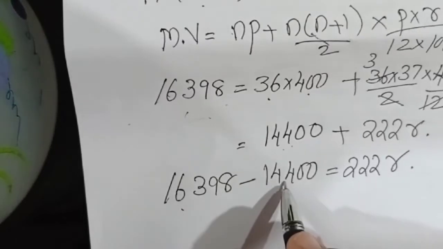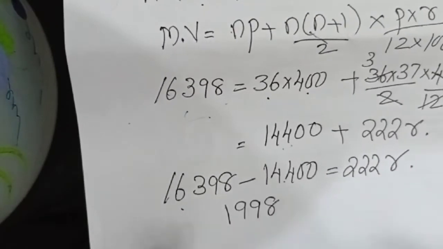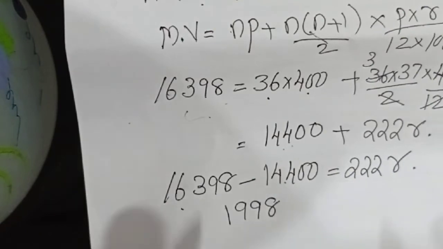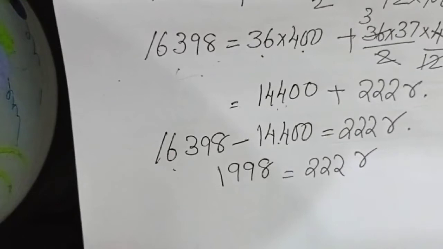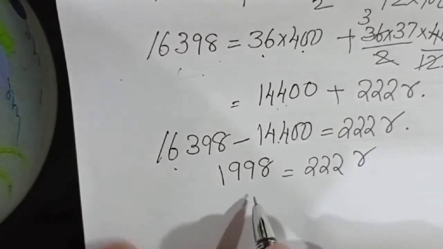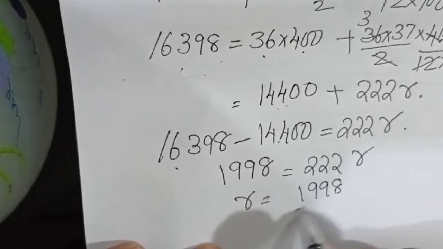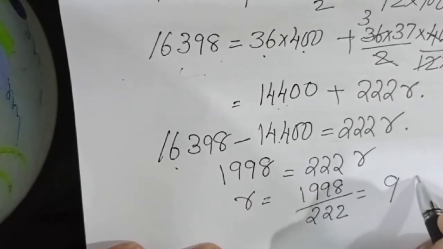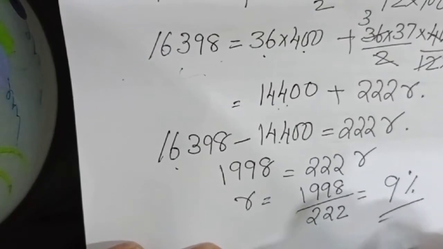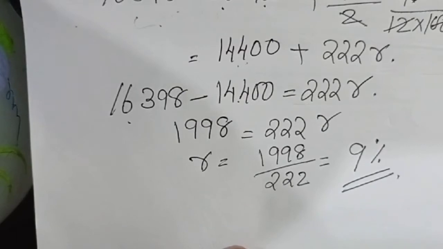Therefore, after subtraction, you will get 1998 equal to 222R. Is it clear? Therefore, R is equal to 1998 divided by 222 is 9%. What's the rate? 9%.